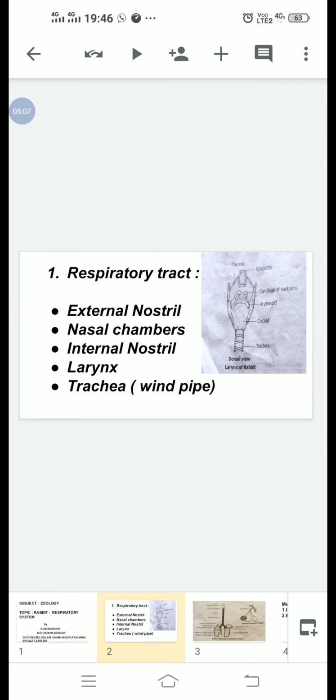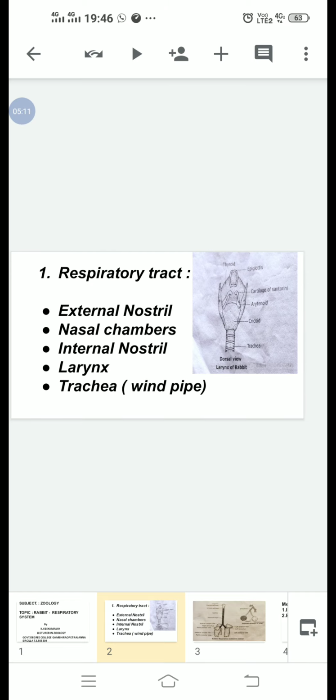Next, internal nostrils. The two nasal chambers open into the pharynx by a pair of openings called internal nostrils.